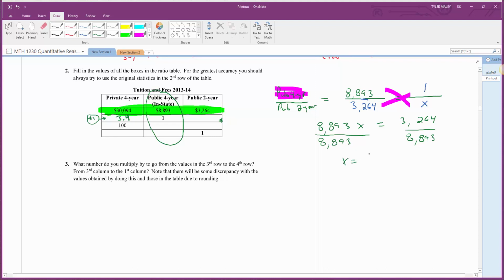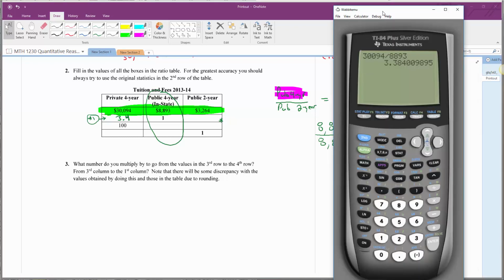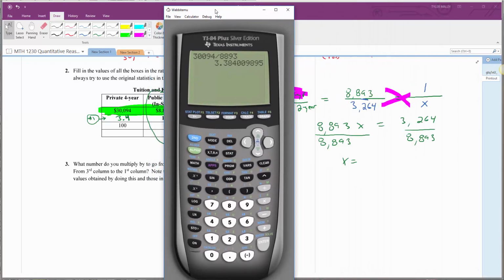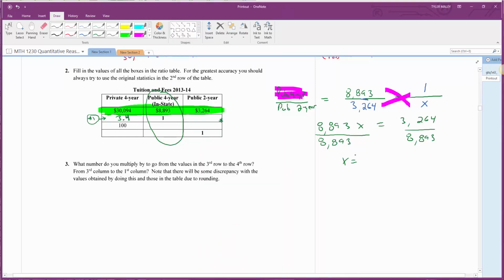So let me grab my calculator, right? So we would take 3,264 divided by 8,893, and end up getting about 0.37, right? So this would be approximately 0.37, right? So I can fill that here in the table.